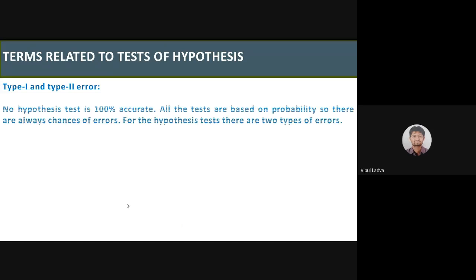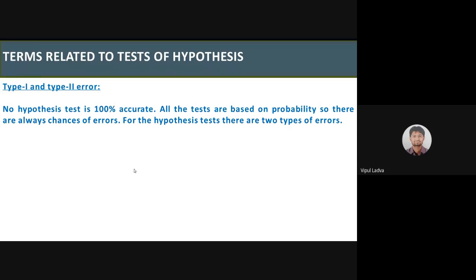And after that, I had introduced that there will be two different types of error, because none of the hypothesis tests will be accurate. None of the hypothesis tests will be accurate because we are dealing with a kind of probability over there. We are dealing with normal data and a kind of probability. So none of the hypothesis tests will give us 100% accurate results.